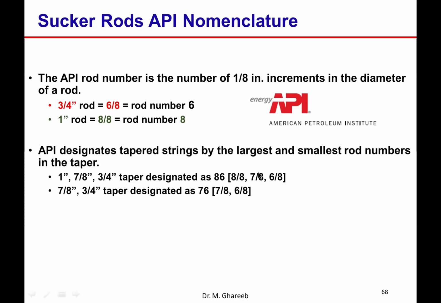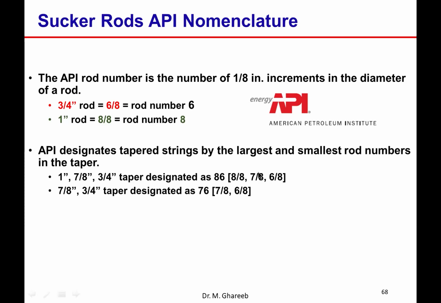What about the joint above the pump? The rod joint above the pump is only lifting the fluid. So in order to reduce the weight of the rod string, and from an economical point of view to reduce the size of the rod string, which is cheaper, they run a tapered rod string from top to bottom.